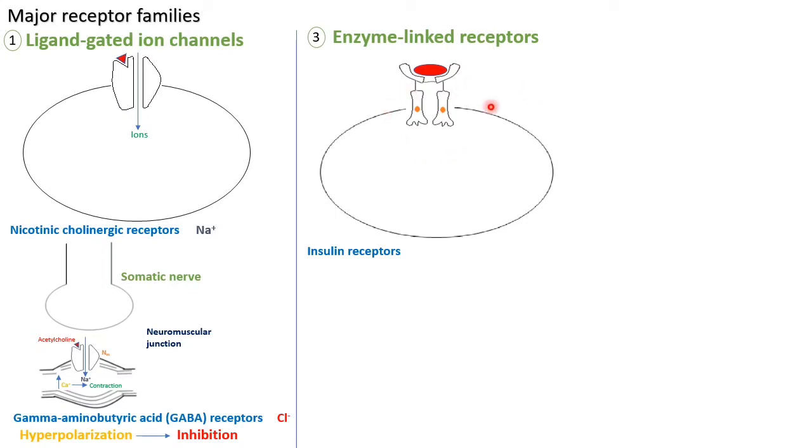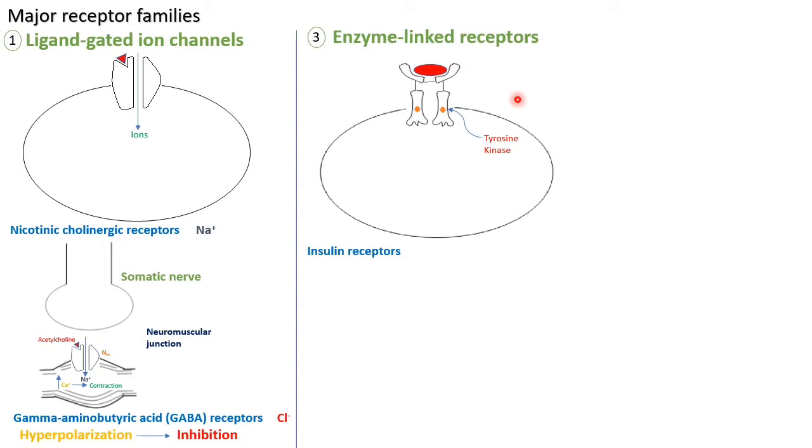And this receptor of insulin, or part of it, is an enzyme that is called tyrosine kinase. So this receptor is linked to an enzyme called tyrosine kinase.